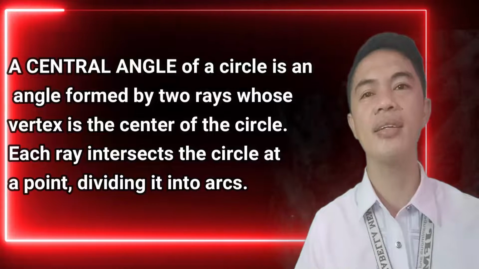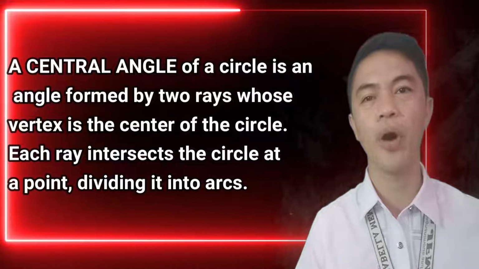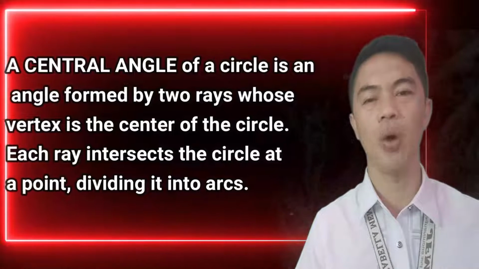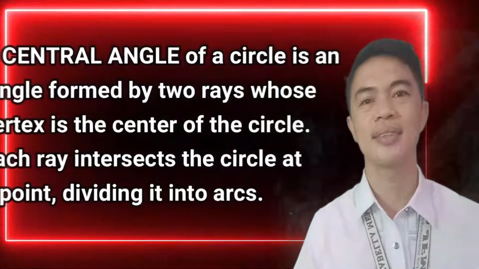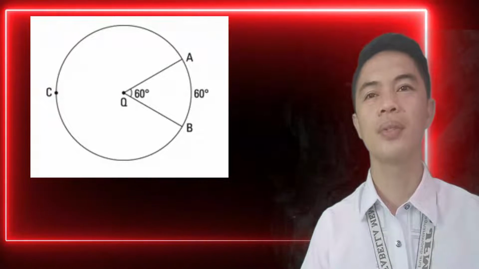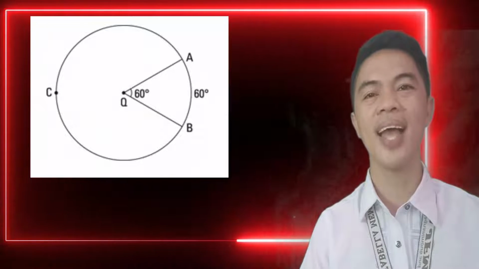Each ray intersects the circle at a point, dividing it into arcs. In the figure below, angle AQB is a central angle.